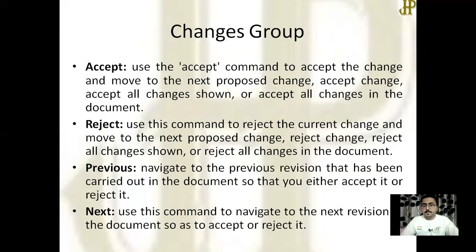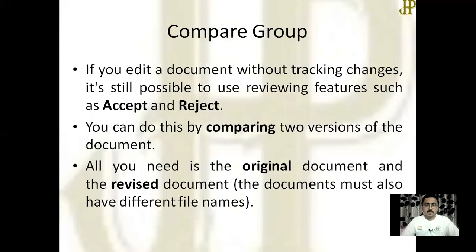In the Changes group, whether you want that change or not, based on that, accept or reject. And to move from one comment to another, you can choose Previous or Next.